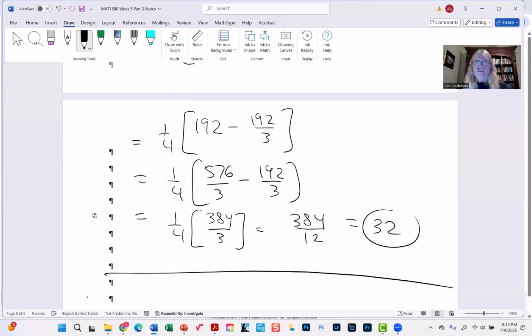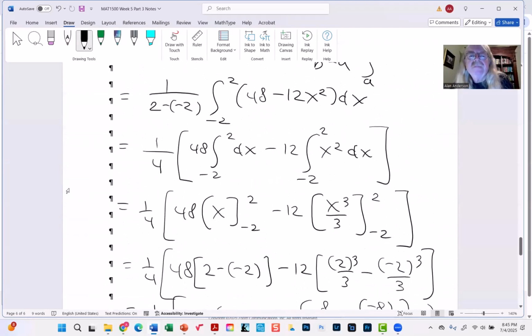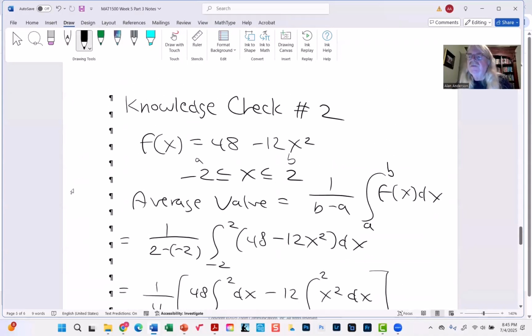All right. So, in other words, the function's average value is 32. So, let's go look at Symbol Lab for a minute and take a look at this.